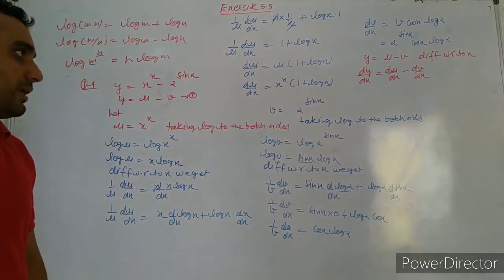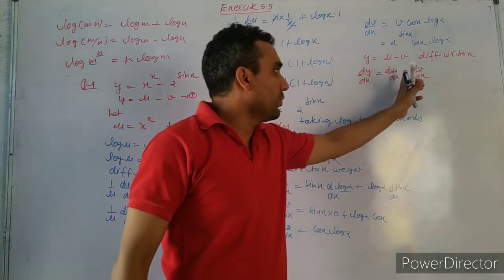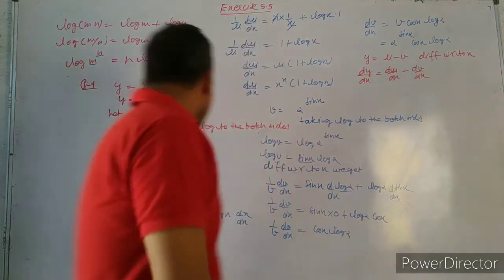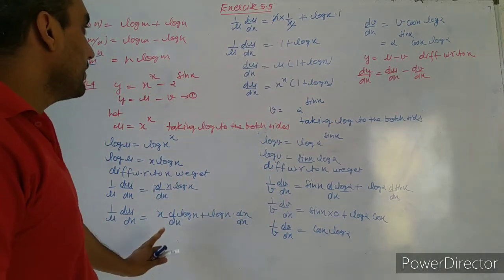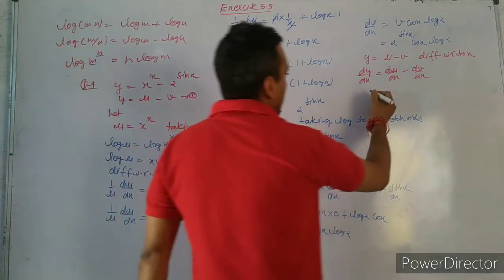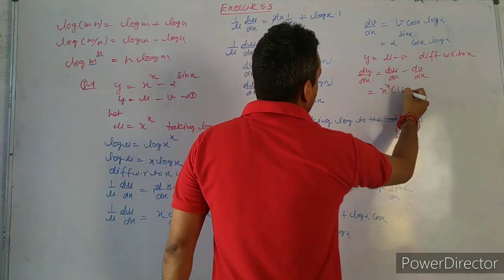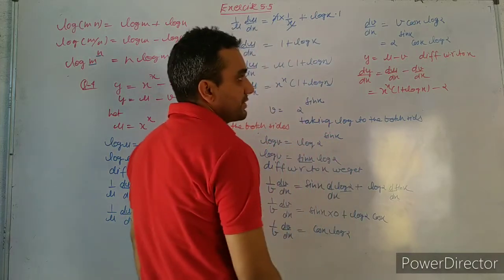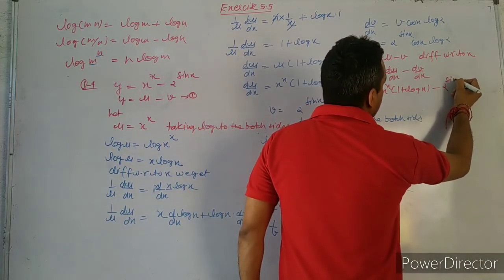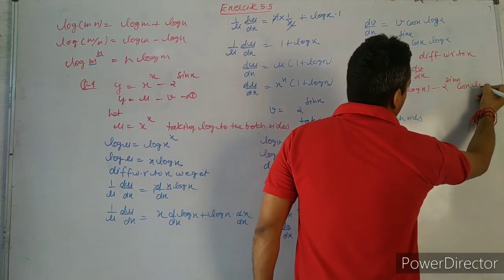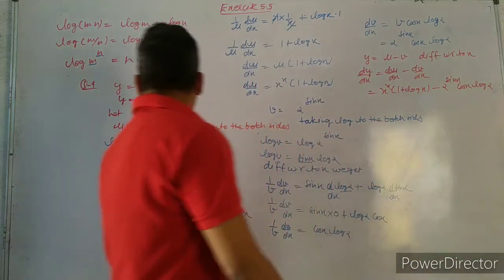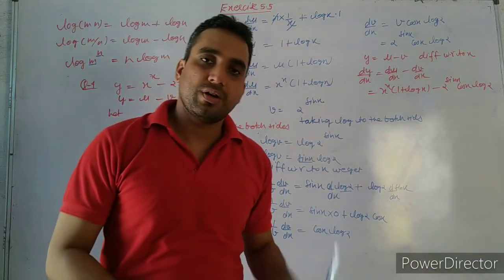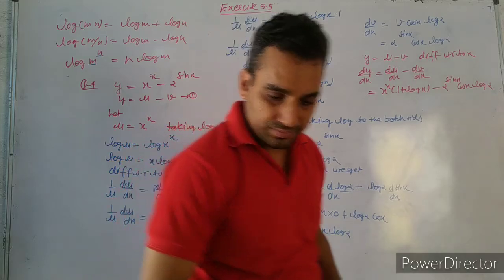Now substituting the values of du upon dx and dv upon dx, we get x to the power x into 1 plus log x minus 2 to the power sin x cos x into log 2. So this is our answer of question number 4.